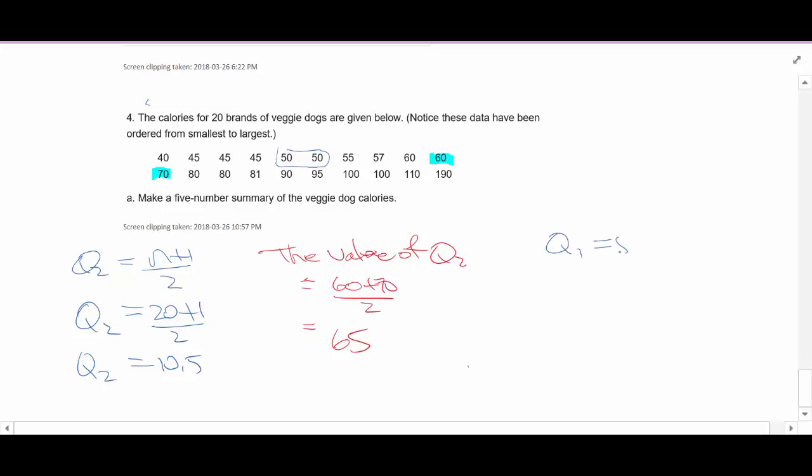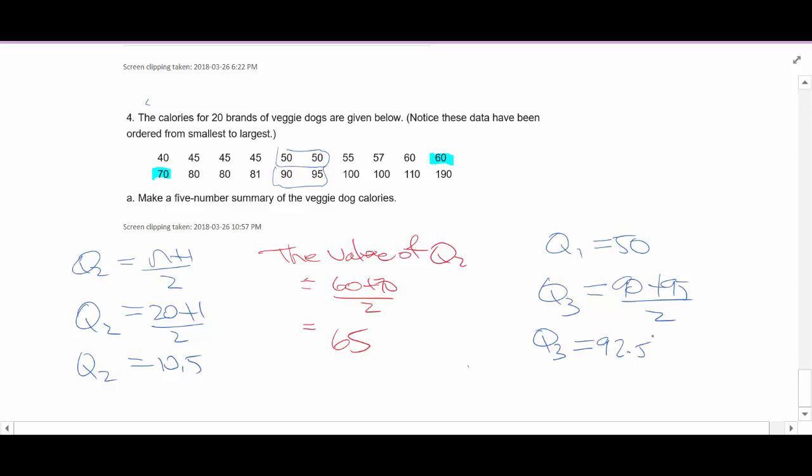So Q1 is 50. Q3 is going to be the average of the 5th and 6th data values in the upper 50% of the data set. Or if you want to count the whole data set, the 15th and 16th values, which are those two. So Q3 is equal to the average of 90 plus 95, which is 92.5.